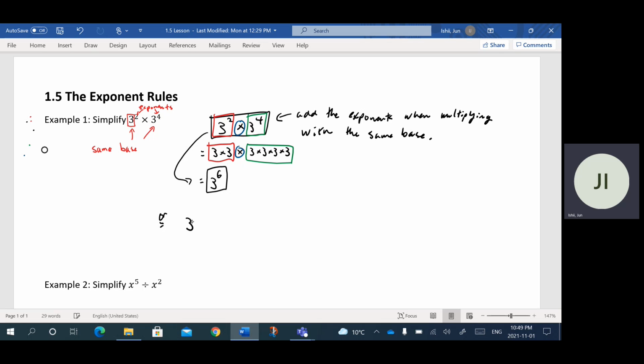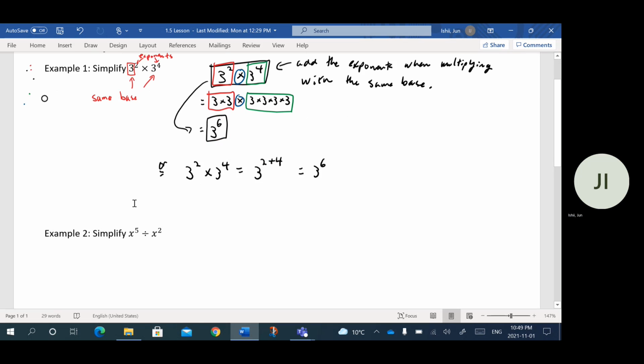To summarize, 3 squared times 3 to the 4th is equal to 3 to the 2 plus 4. You add the exponents together, and that's 3 to the 6th. Whenever you're multiplying exponents with the same base, you add the exponents together.